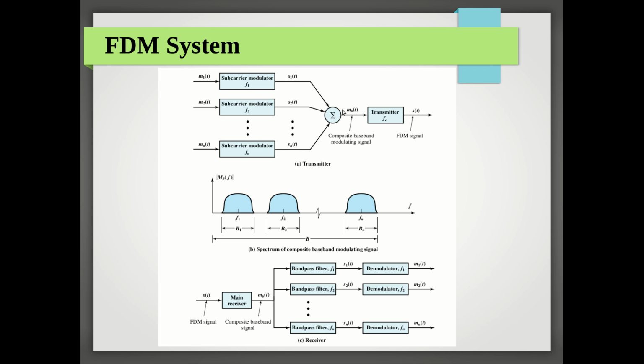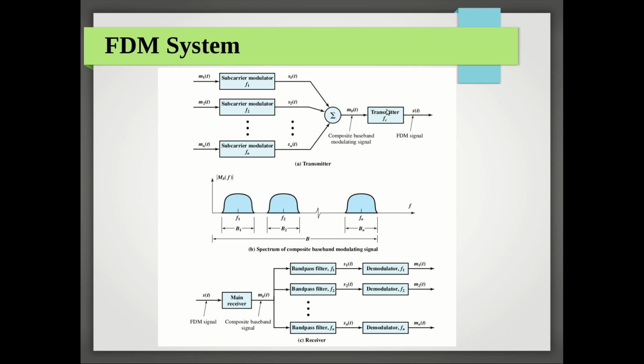So all the individual signals generated by the devices are now suitable to be combined into a common one using a summation unit, and the combined composite baseband modulating signal is what is denoted here.